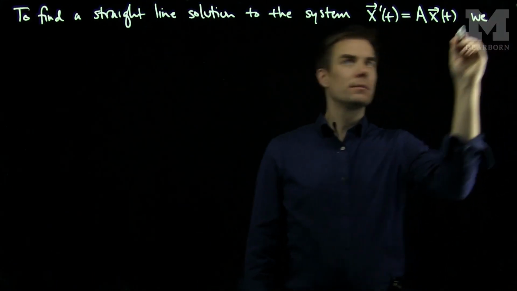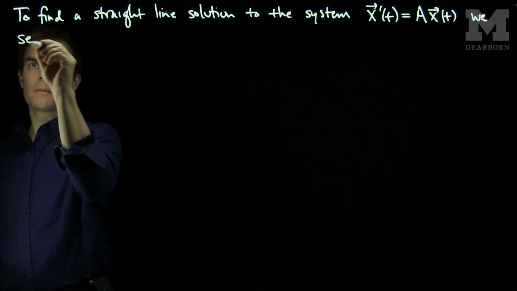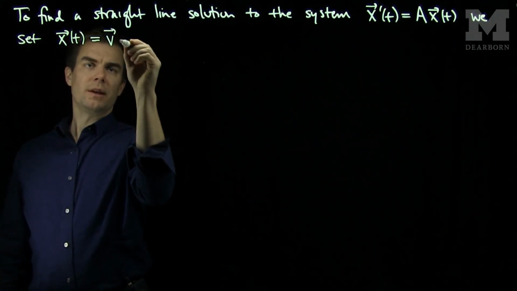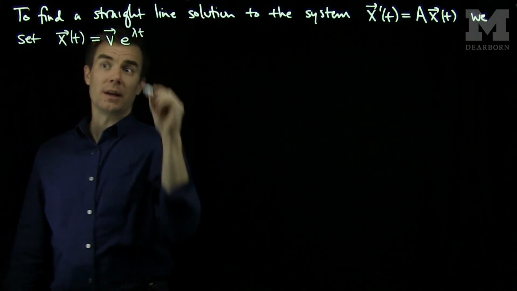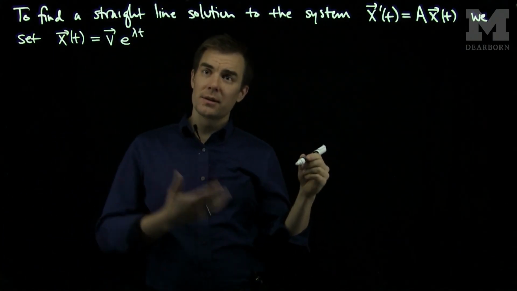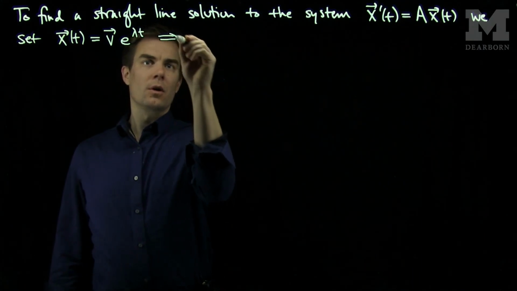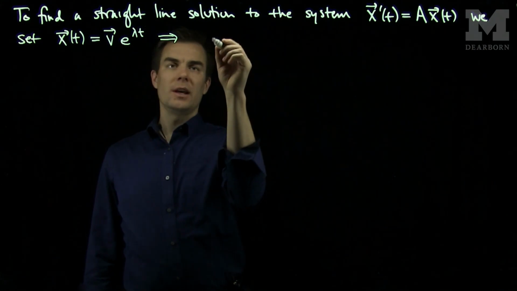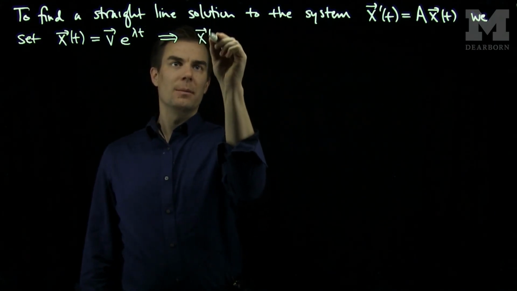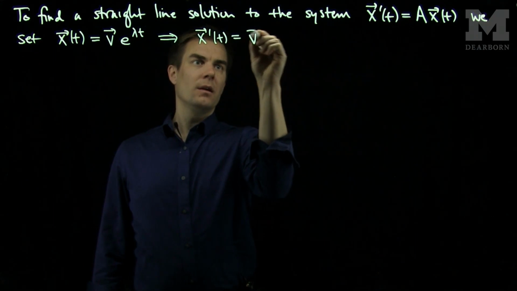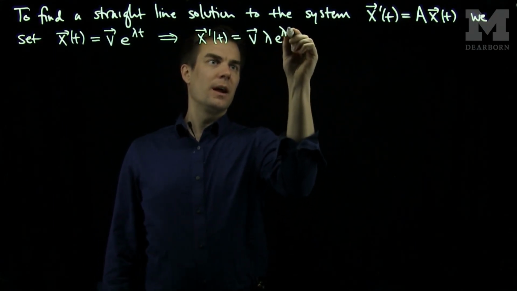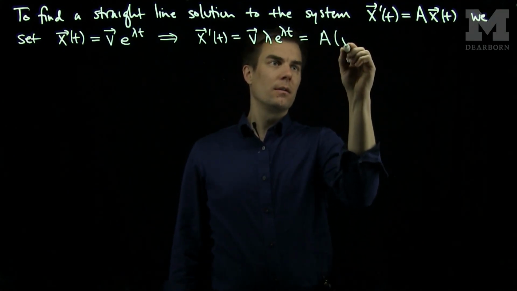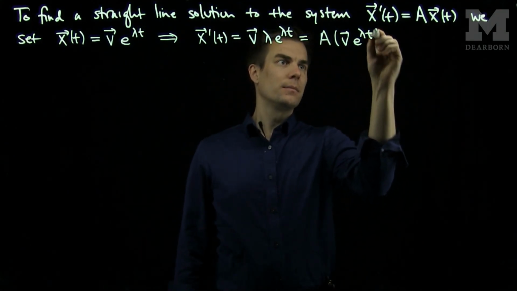We set x of t to be a constant vector v e to the lambda t. Plugging this into the differential equation, we will see that the derivative of this straight line solution with respect to t, x prime of t, will be v lambda e to the lambda t, and this has to be equal to A v e to the lambda t.